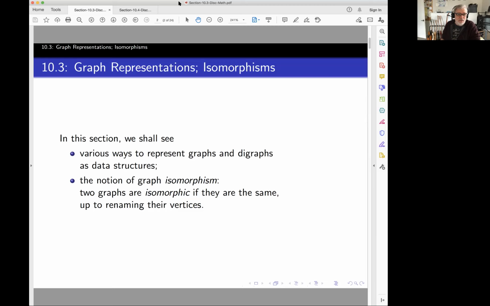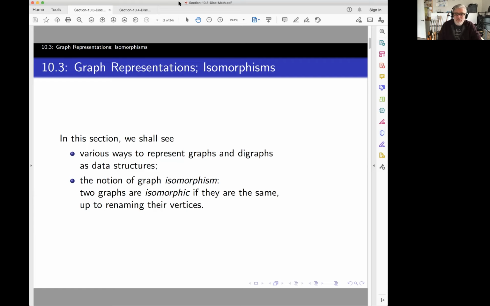Okay, so we've seen the notion of graph and digraph, and we're going to see a few different ways to represent these structures. We will also talk about the notion of isomorphism, and as the name says, iso as in equal and morphism as in shape, same shape.